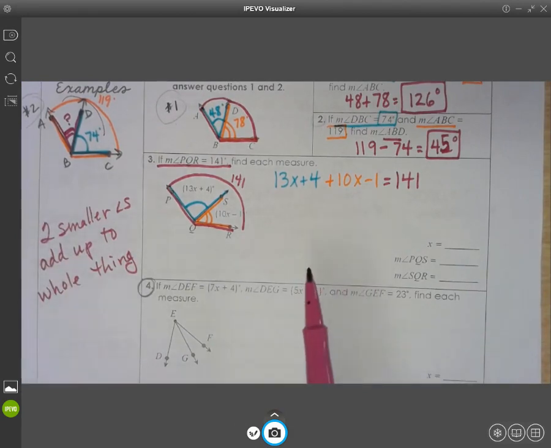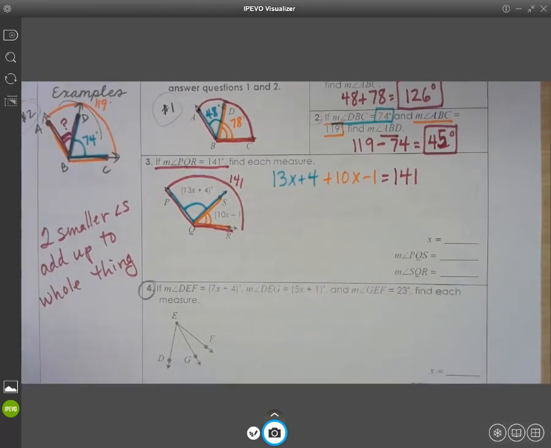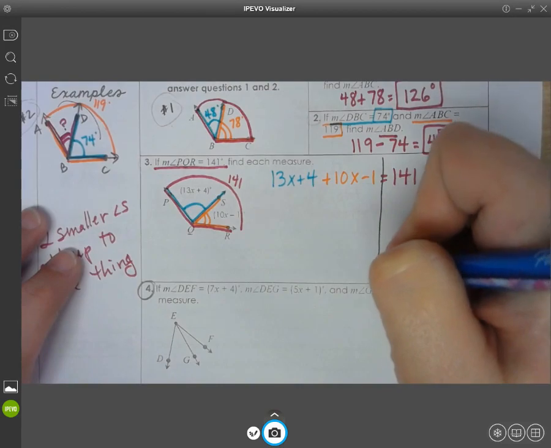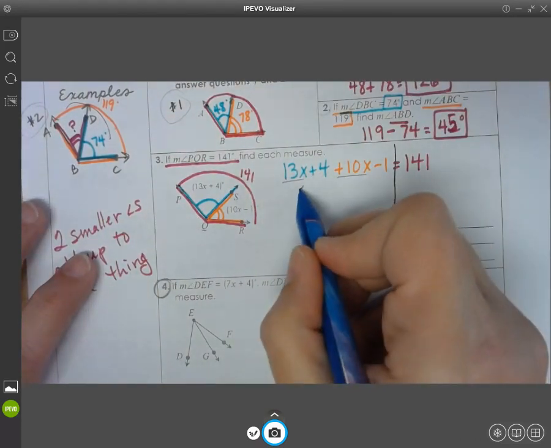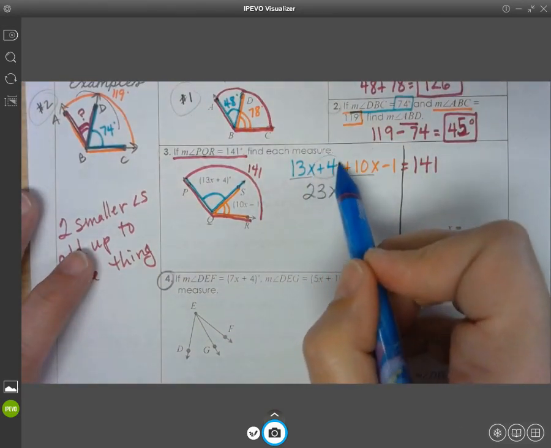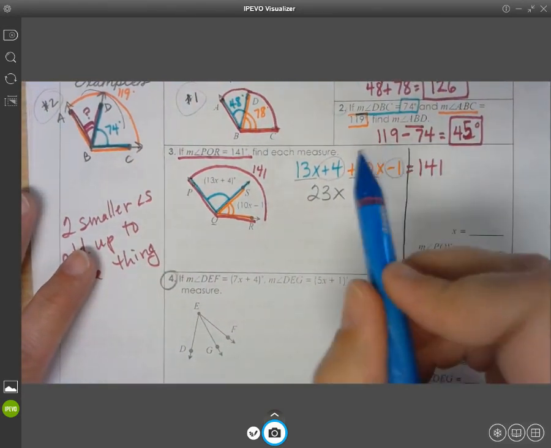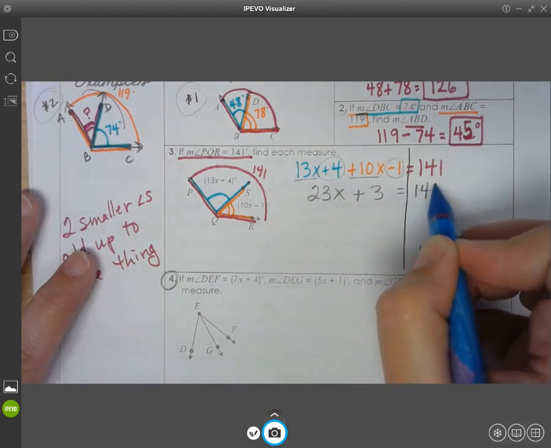So just like when we were doing our segment addition, once we get to this point, there's no more geometry. We've already done all the geometry, so I'm just going to solve this. I'm going to combine my x's. 13x plus 10 more x makes 23x. And then I have a plus 4 and a minus 1. Plus 4 take away 1 makes positive 3.